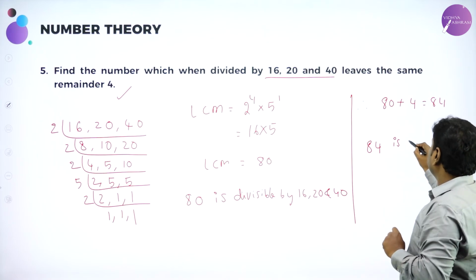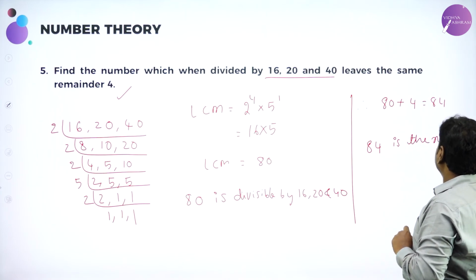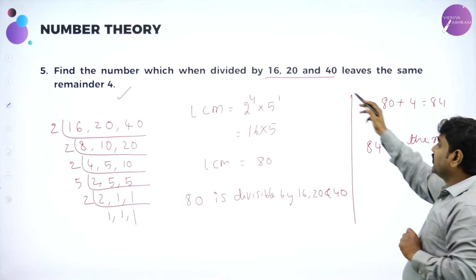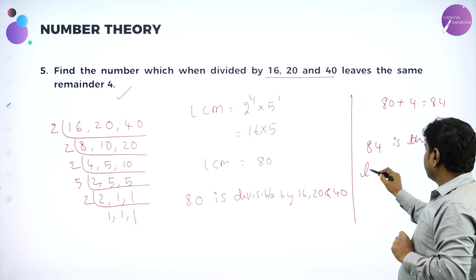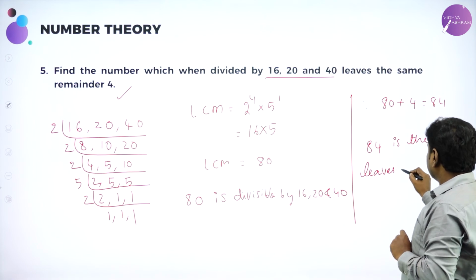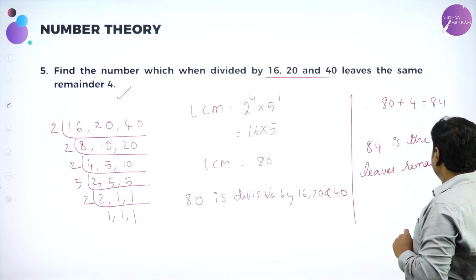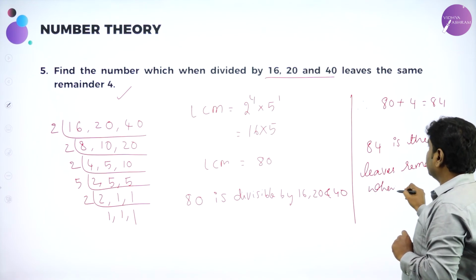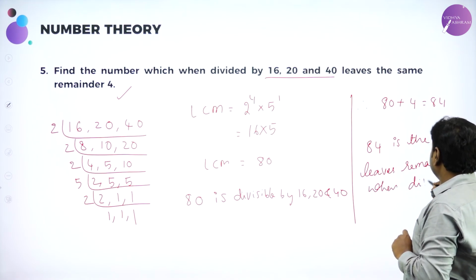Find the number means 84 is the number. What happens when you divide it with these 3? The number leaves a remainder. How much? 4, when divided by the given numbers, 16, 20 and 40.